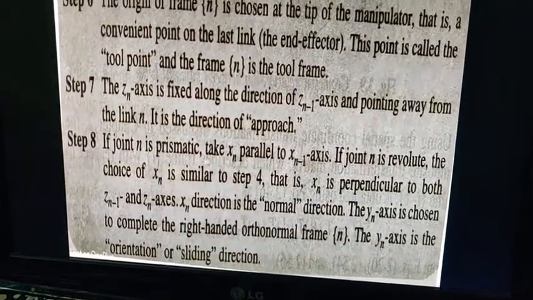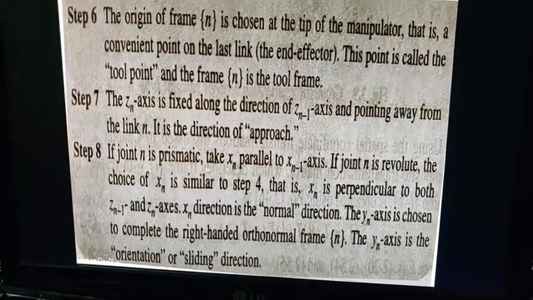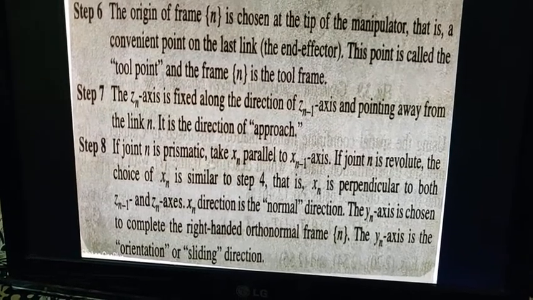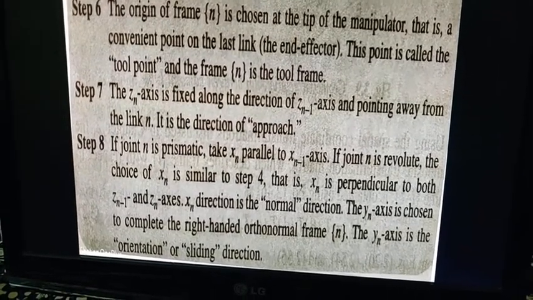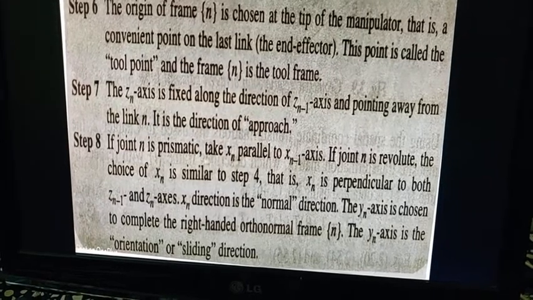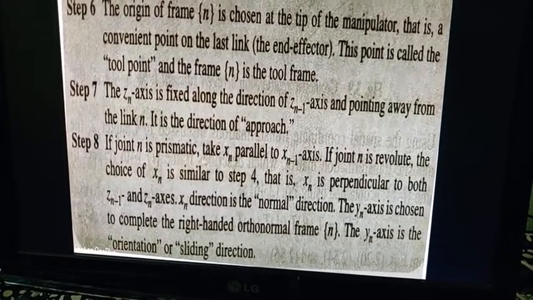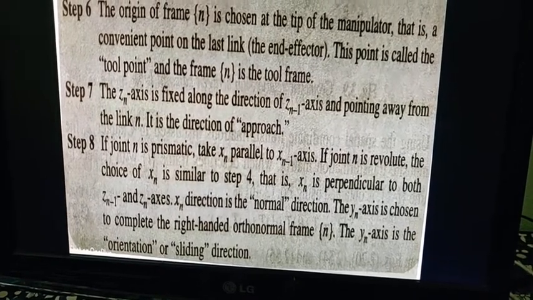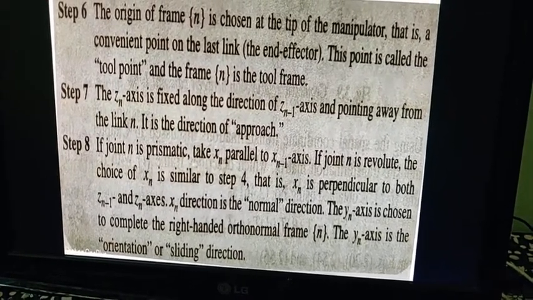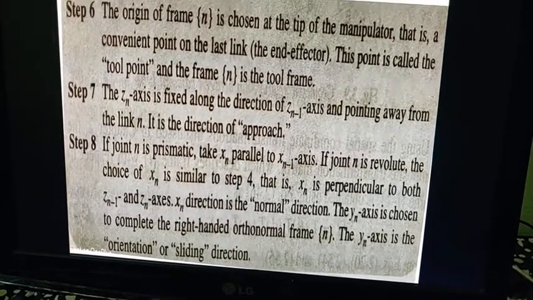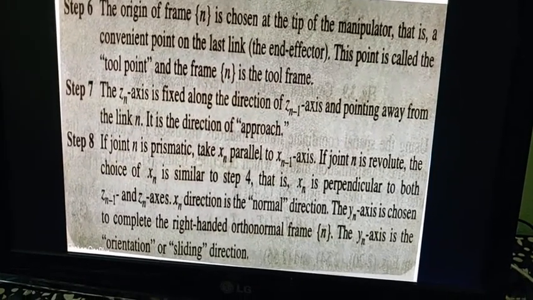And then, moving on to step 6, the origin of frame n is chosen on the manipulator at a convenient point. This point is called the tool point, end effector or tool frame. In step 7, the z(n) axis is fixed along the direction of the z(n minus 1) axis, pointing away from link n. That is called the approach direction. In step 8, if joint n is prismatic, take x(n) parallel to the x(n minus 1) axis.